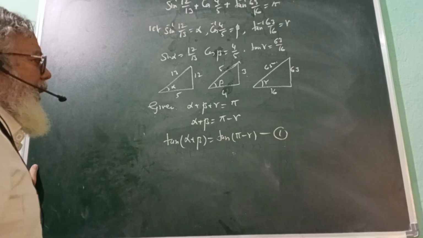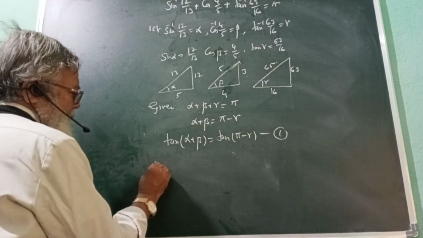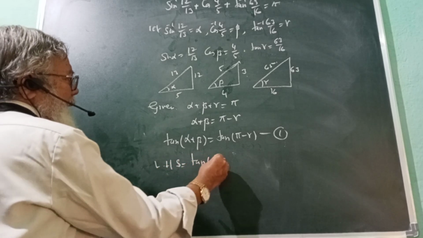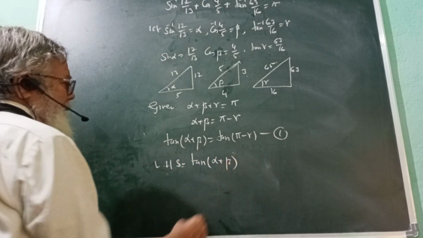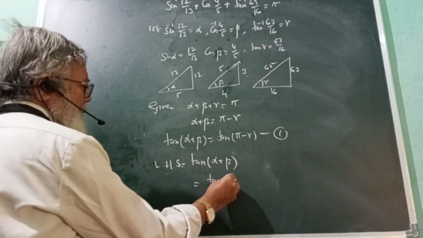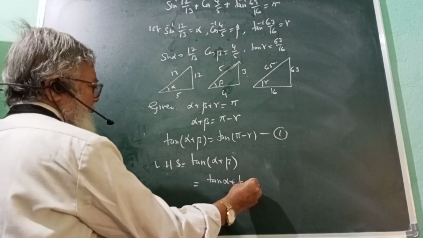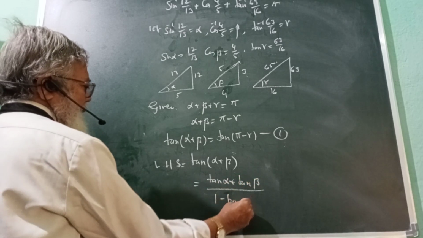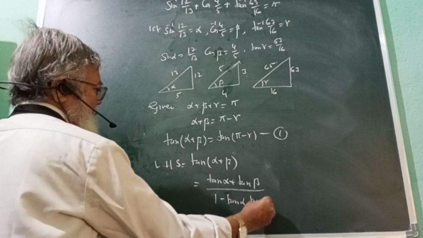For this, let us take the left hand side. Left hand side is given by tan of alpha plus beta, that is tan alpha plus tan beta divided by 1 minus tan alpha tan beta.